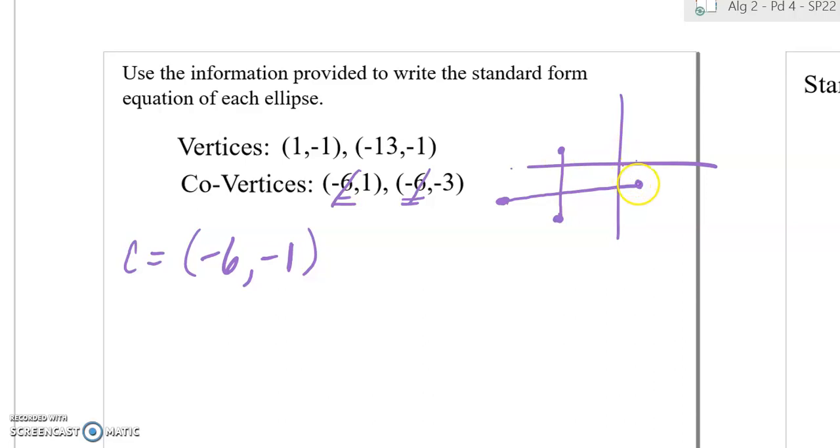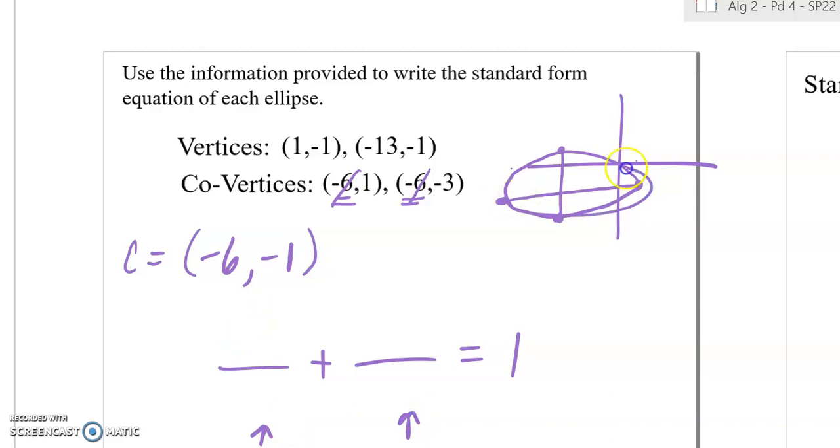So I can tell this is an ellipse that opens horizontally, which means when I do my equation, A better be larger than B, or whichever one is under X better be larger because it opens this way more.